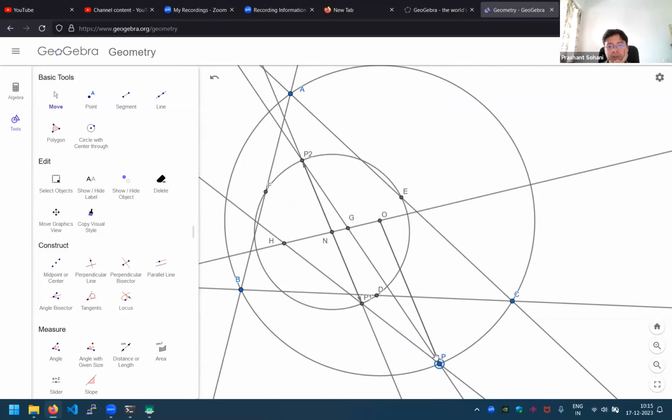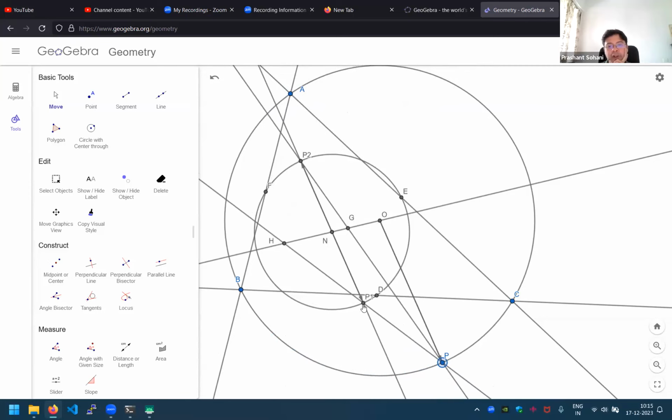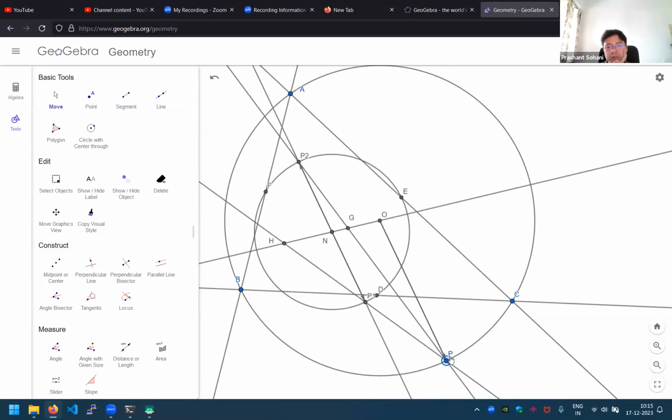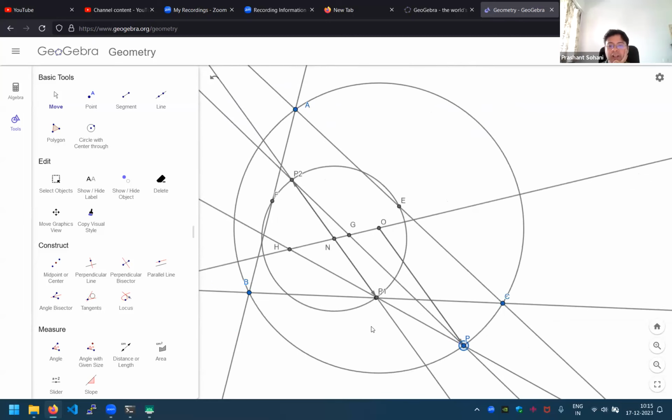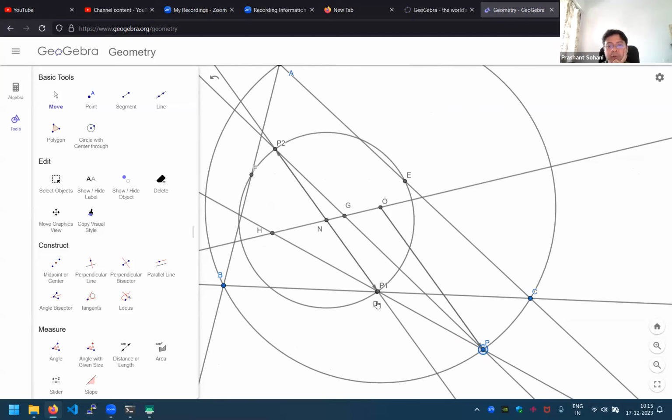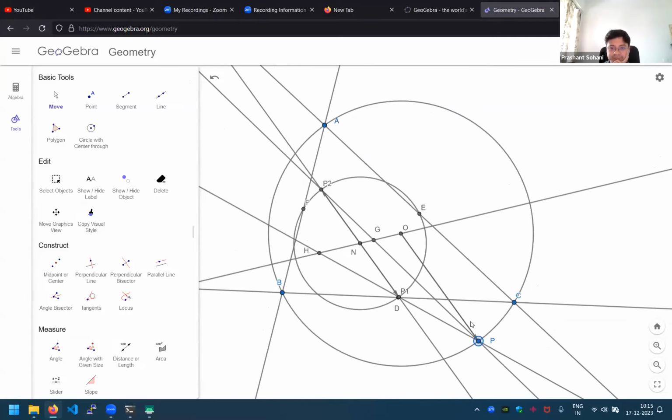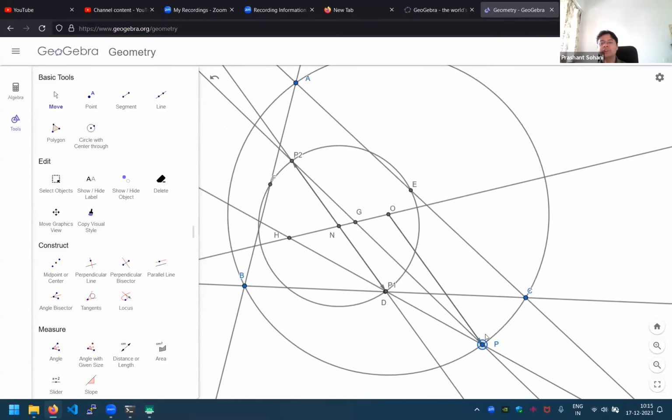Another special position to consider is if this point P1 goes to D. Observe what happens. At this point, notice how the diagram is looking. P1 is at the midpoint of BC. If I extend HP1, it meets my circumcircle again at a new point P. What can you say about this point P?